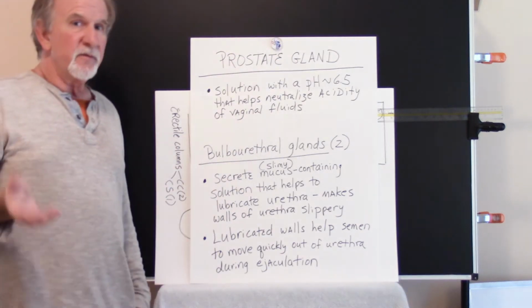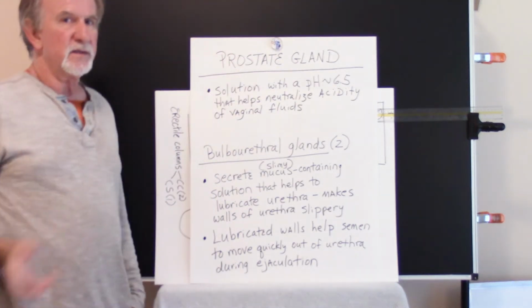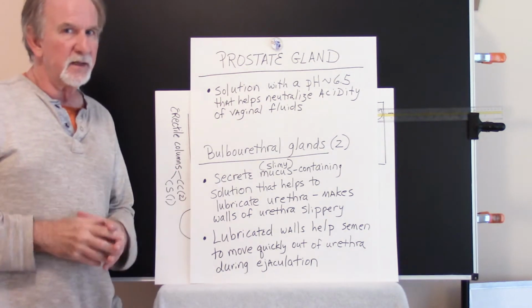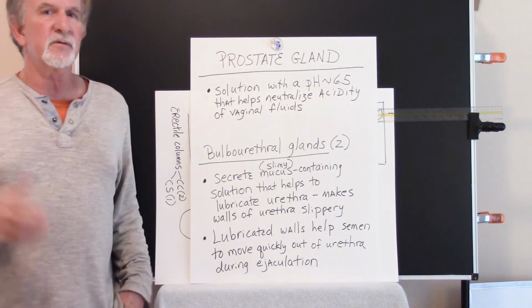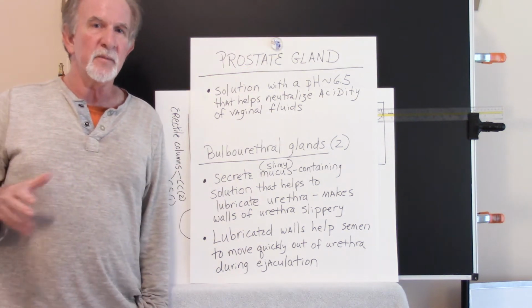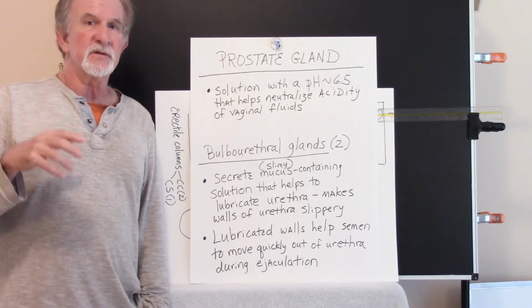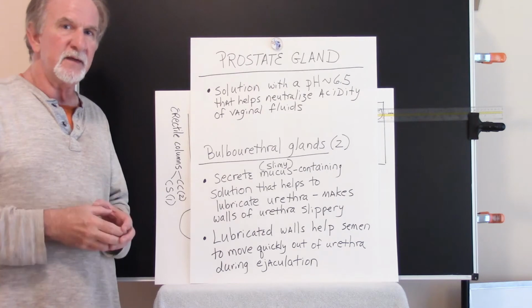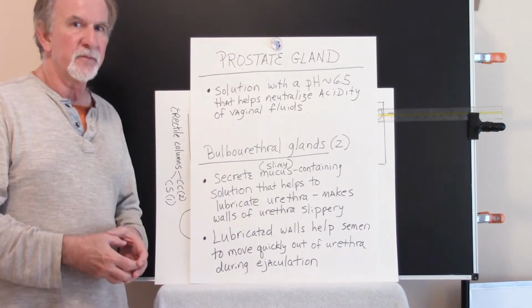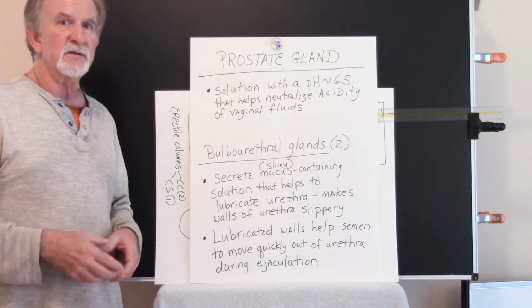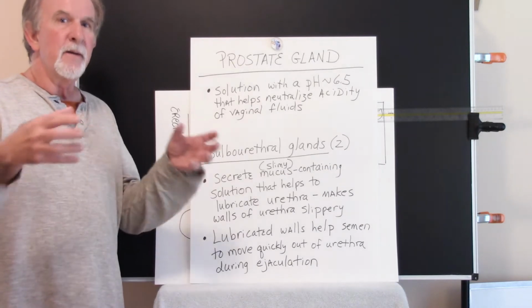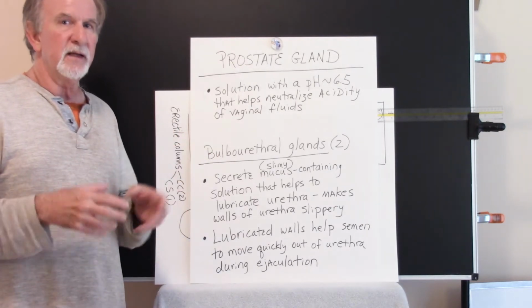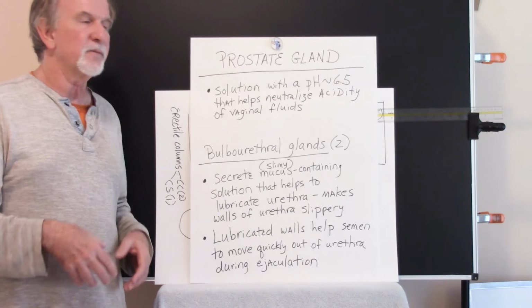There are 2 seminal vesicles, but only 1 prostate gland. And the prostate gland, hopefully as you know, after looking at the male reproductive structures in the lab video, is found right beneath the urinary bladder. The ejaculatory ducts go through the prostate gland and open into the urethra.